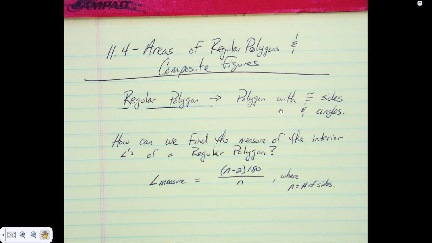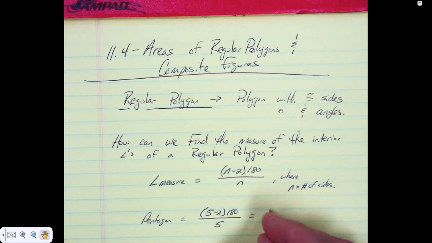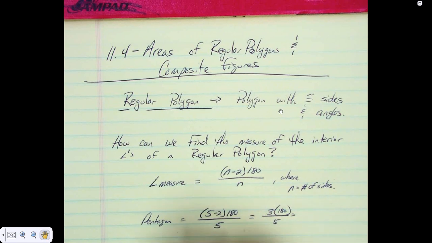So if I had 5 sides, what do you put in for n? 5. Figure it out. That's what the measure of that angle is. So a pentagon, what would it have? 5 minus 2 times 180 divided by 5, which is 3 times 180 divided by 5. What do you get here?